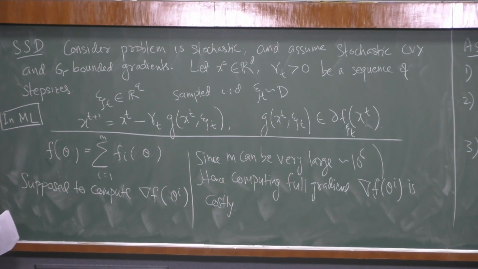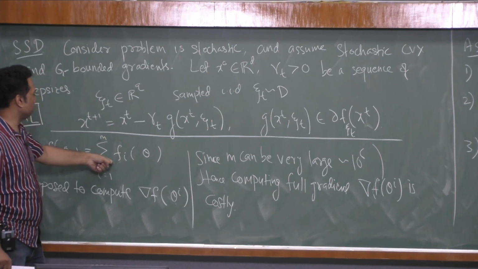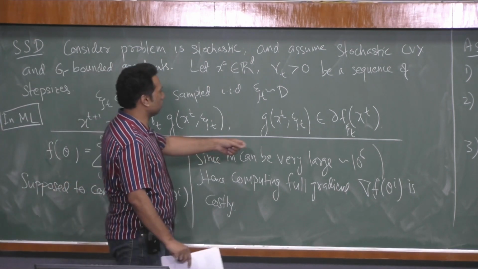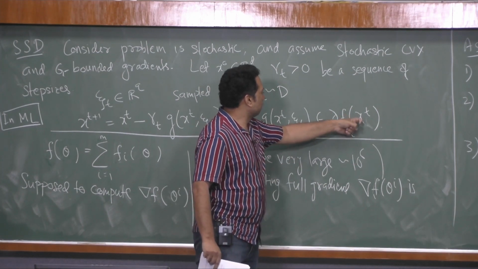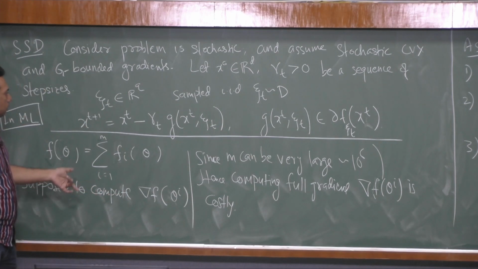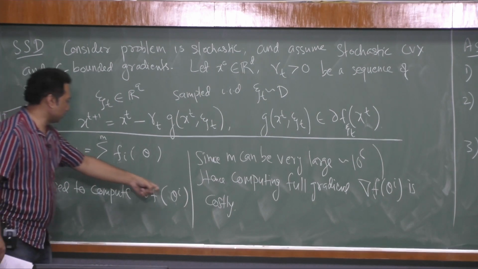In that case it's as if you have a stochastic function which is parameterized by xi. This is our stochastic function, parameterized by xi. We were using x_t, but since x is reserved usually for the samples, here we changed our notation from x_t to theta, or theta i.